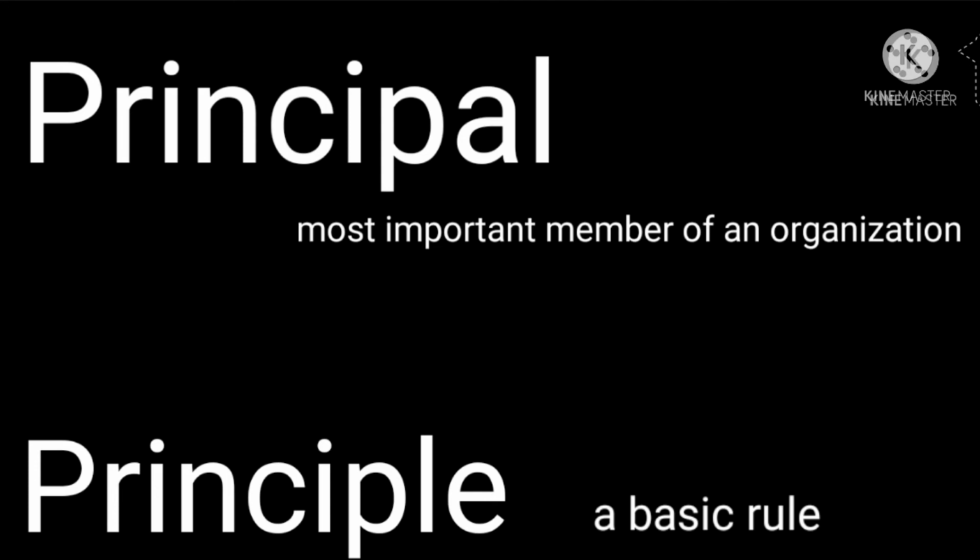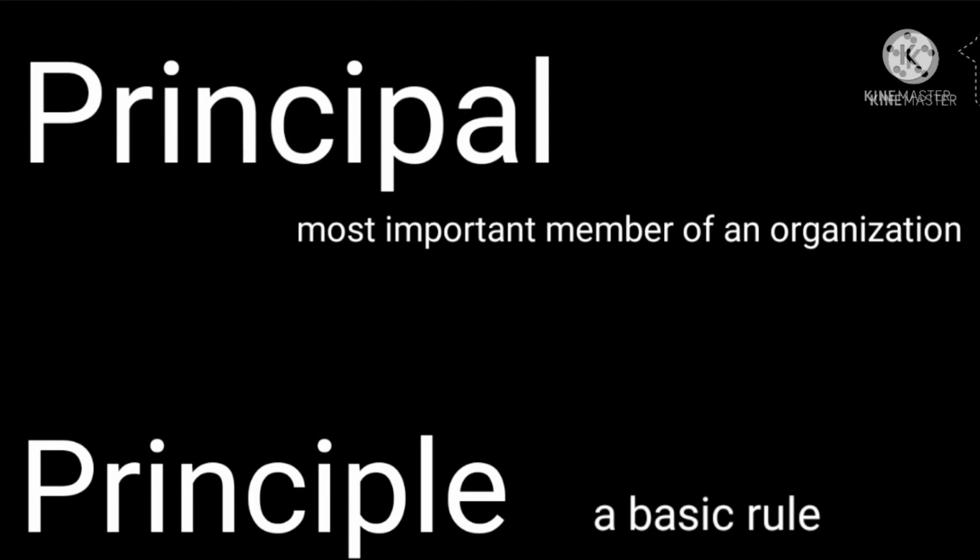And the other word, principle, also pronounces the same, P-R-I-N-C-I-P-L-E. It means a basic rule, the basic guidelines to follow for doing something or for doing some work. Like if we say that Gandhiji always followed noble principles. Or you can say in our home we follow very good principles to be in discipline.